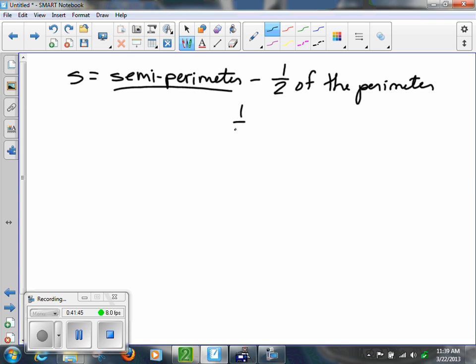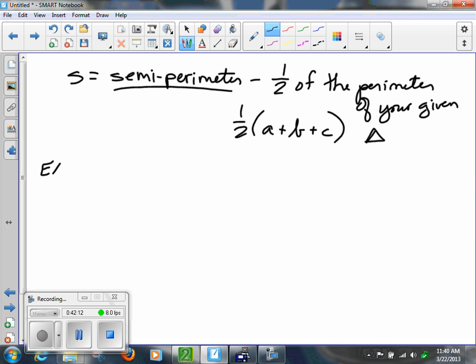It was 1/2 of A plus B plus C. Well, if you add up all the sides of the triangle, that's the perimeter. A plus B plus C is the perimeter. We're taking 1/2 of it. It's 2 calculations that you have to make, folks, and this is very, very simple. 1/2 the perimeter of your given triangle.